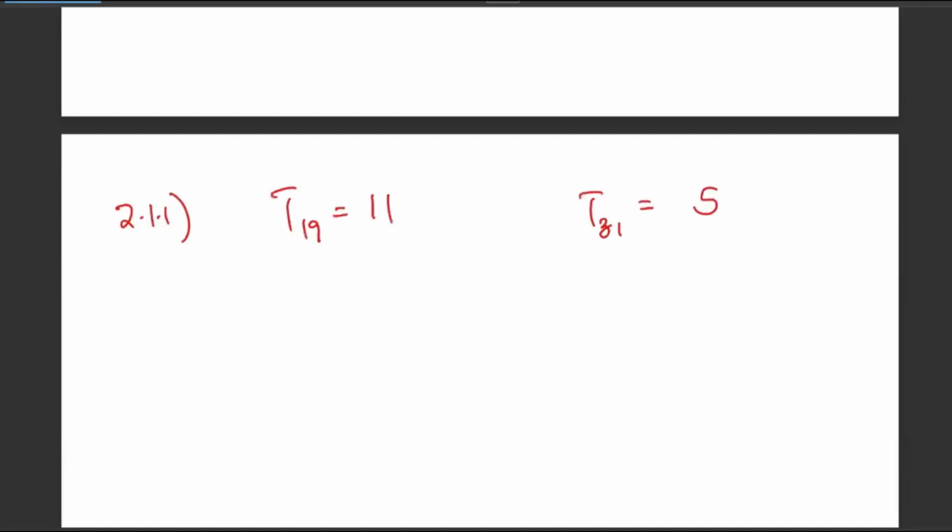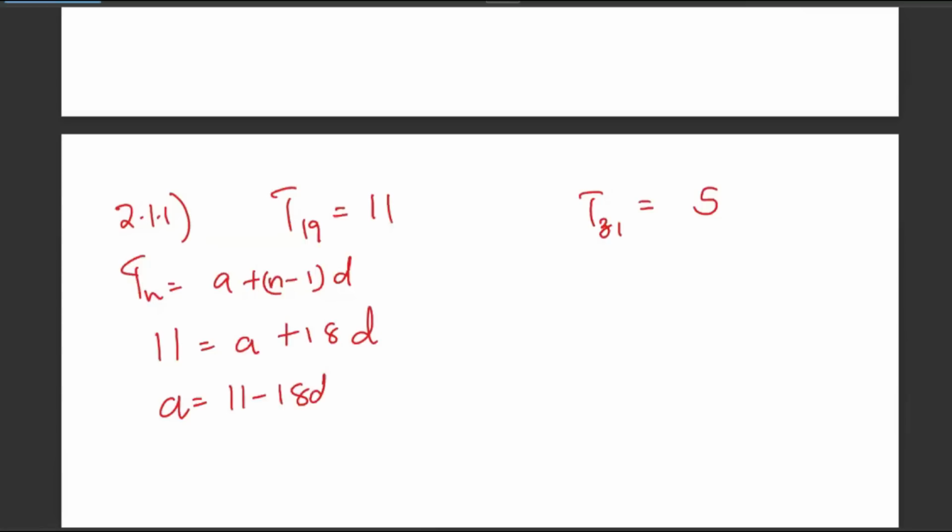Perfect. So let's use the general term of an arithmetic sequence, which is a plus n minus 1 into d. So when we're talking about T19, I'll have 11 is equivalent to a plus 19 minus 1, which is 18d. Then we can make a the subject and say that a is going to be 11 minus 18d. Call that equation 1.